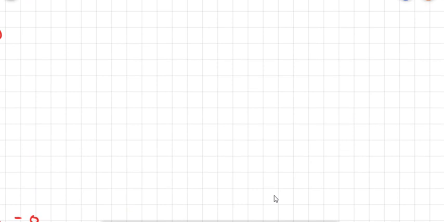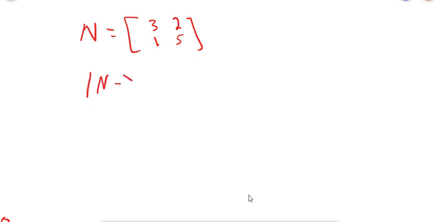Let me give an example. We want to find the eigenvalue of N. If N is equal to [3, 2; 1, 5], we know that the determinant of N minus lambda I is equal to 0. So already you are familiar with it.